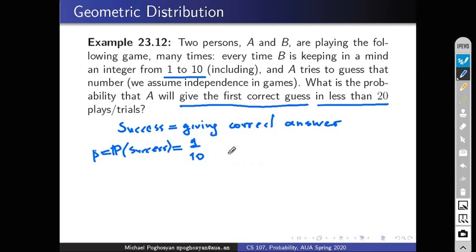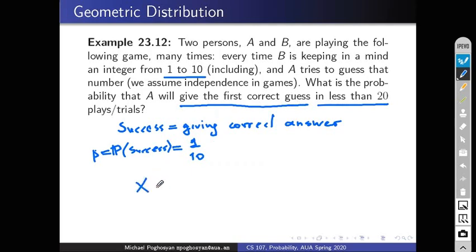Okay, so what is one trial? One trial is when B is keeping one time in mind a number and A tries to guess, giving either a correct or not correct answer. Okay, so we are repeating this up to having the first correct guess.